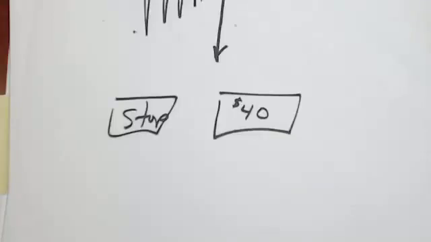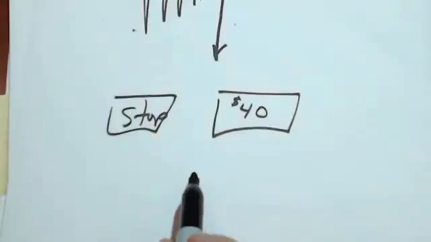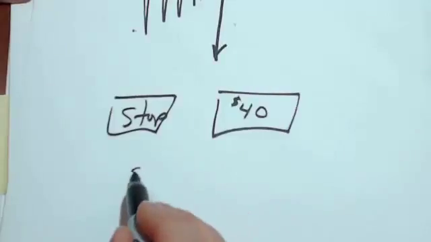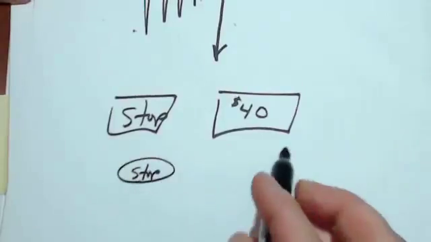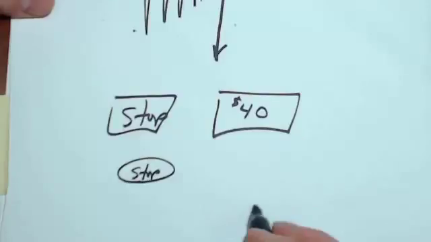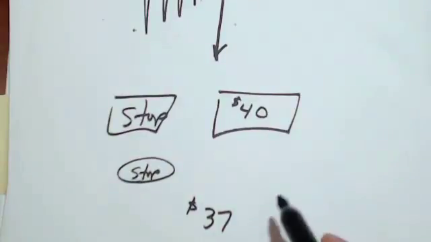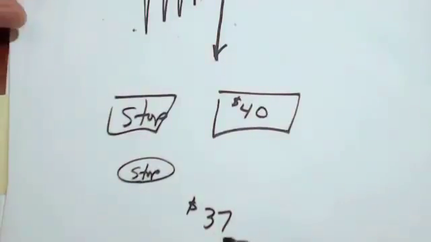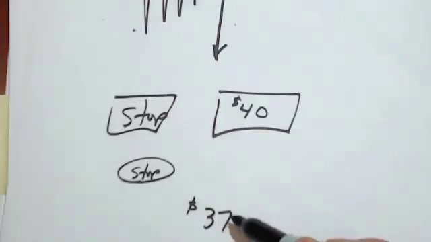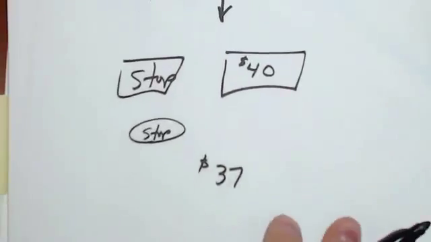As an example of a stop buy, you might have to twist your brain a little bit on this one, but let's say you short sell a stock at $37 a share. I'm going to cover short selling in a later video in this chapter 4. Short selling a stock means you're bearish on the stock, you expect it to drop in value, so you borrow shares from your broker and sell the shares for $37 a share.